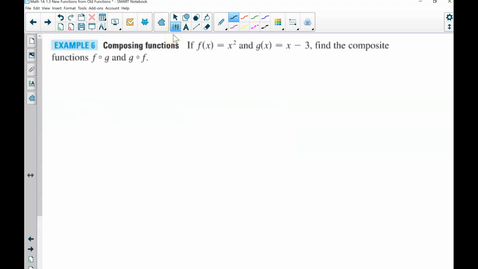Now, in example number 6, let's go ahead and apply the composition functions. So for the first one, we want to be able to find f composite g. Now my suggestion is to always write down what the definition is. So the definition is f composite g of x would then be the following: f of g of x.